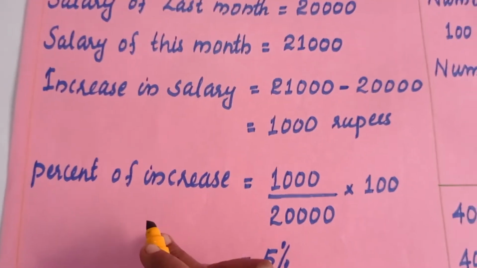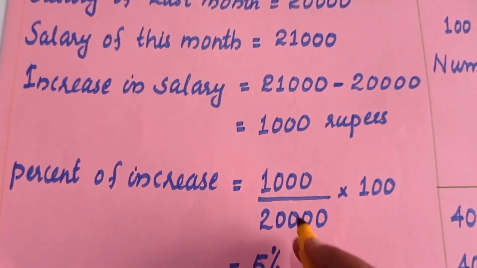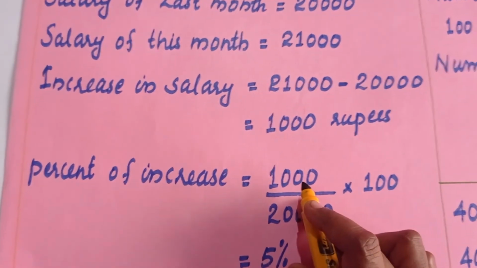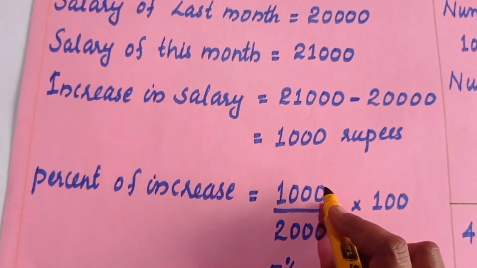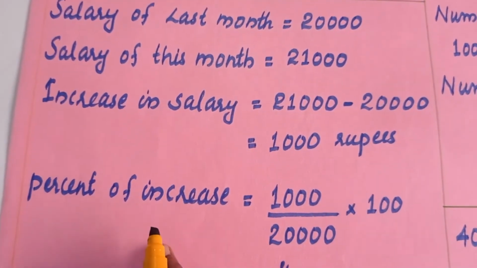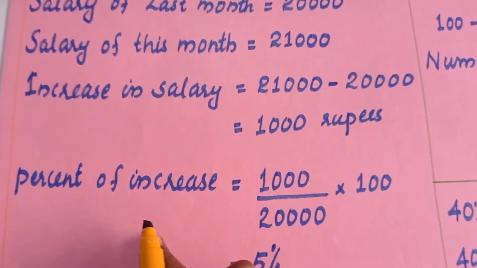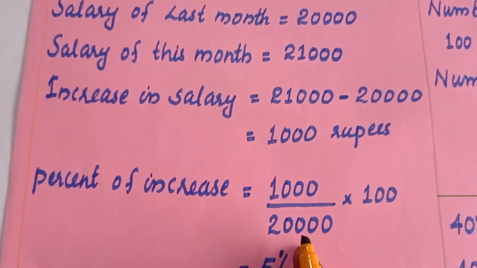Then find out the percent of increase. Out of 20,000, 1,000 rupees is the increase in salary. Then the fraction is 1,000 by 20,000. Then to find out the percent of increase, we calculate 100 times this part.